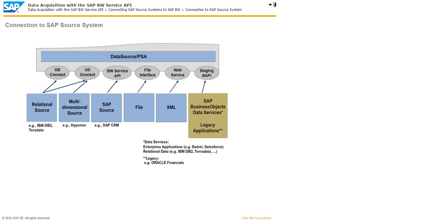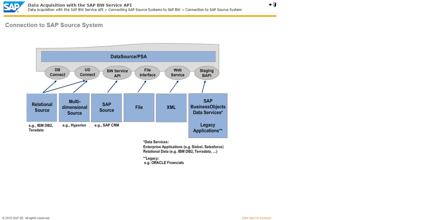Business Objects Data Services. This option uses the staging BAPI connector to SAP BW and provides tight integration with the SAP data flow concept. Flat File System.